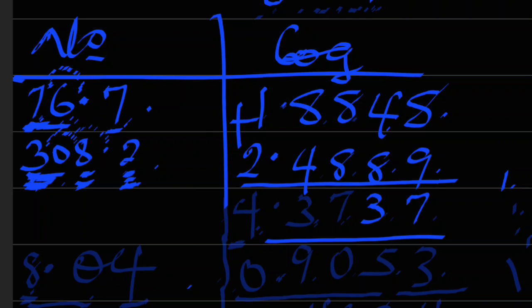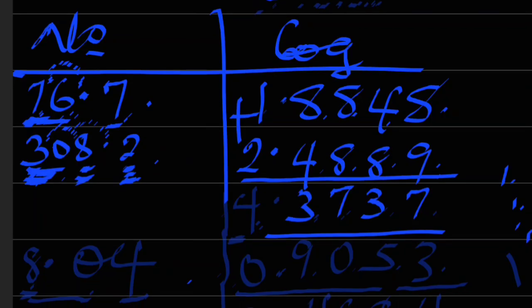Write down 3, carry 1. 8 plus 8, 16 plus 1, 17. Write down 7, carry 1. 8 plus 4, 12 plus 1, 13. Write down 3, carry 1. We have our decimal here. 1 plus 2, 3 plus that 1, 4.